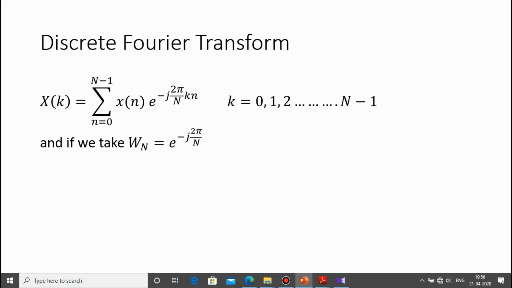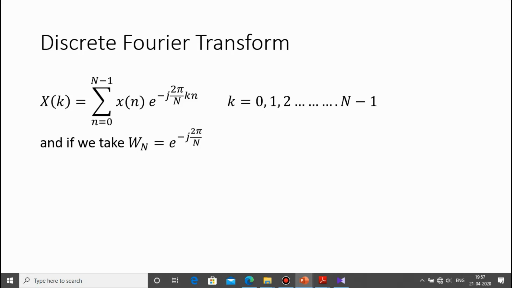And if we take WN equal to e to the power minus j 2 pi by N, now what is WN? It is basically the twiddle factor. The twiddle factor makes the computation of DFT a bit easy and fast.